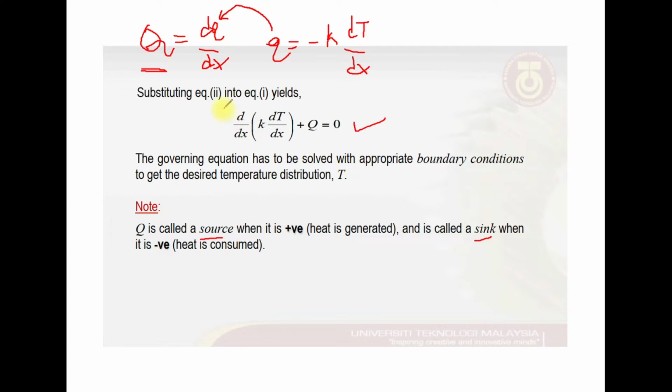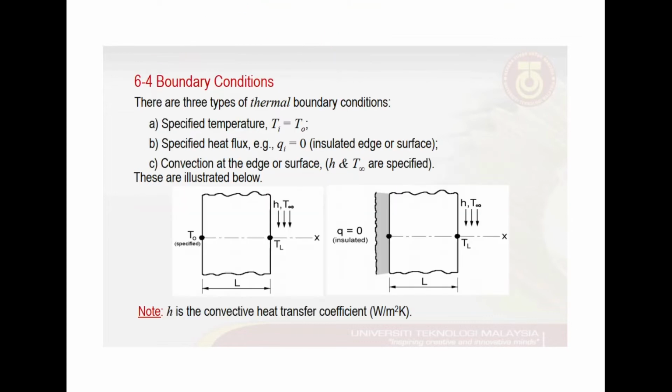The equation that we have here can be solved, but it requires appropriate boundary conditions. There are three types of boundary conditions to deal with heat conduction problems solved in finite element methods.